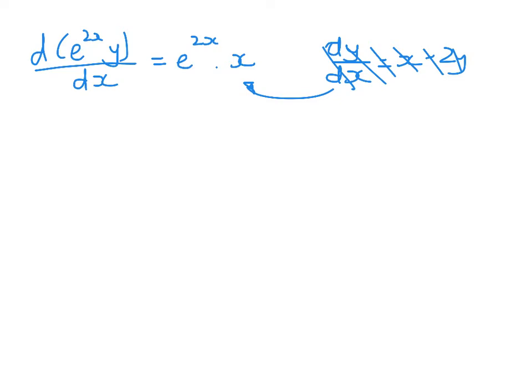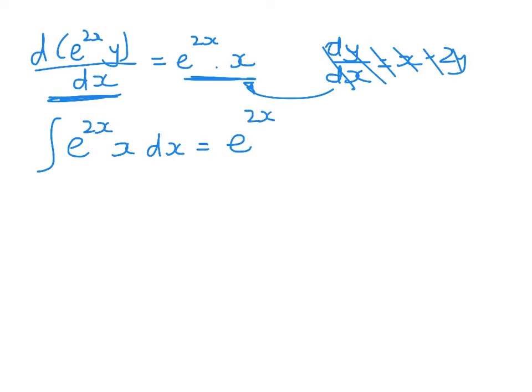But we know that if we differentiate this, e to the 2x y, we end up with this. So we can integrate both sides. So if we anti-differentiate e to the 2x x dx, that's going to get me back not to y, but to something like y.